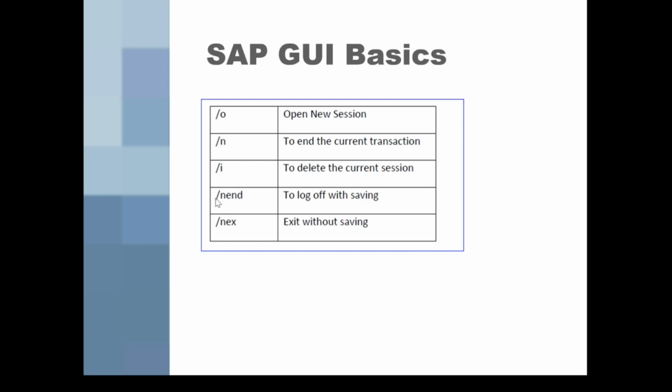So you can do /n end, or you can do /n ex, which exits without saving. This chart I am showing you is from my book as well, and the book link will be in the description below. Let's get to the next slide, and we will do this at the end of the video, where I will show you how this works.